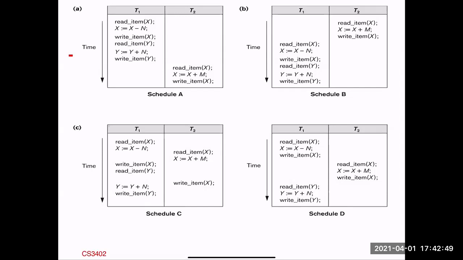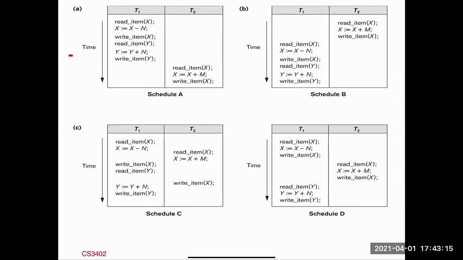Okay, and let's end the poll. And most of you have gotten this right. So schedule C is actually not correct. But of course, schedules A and B are both correct because they're serial schedules. So that's not too surprising. But also schedule C gives the correct results, right?